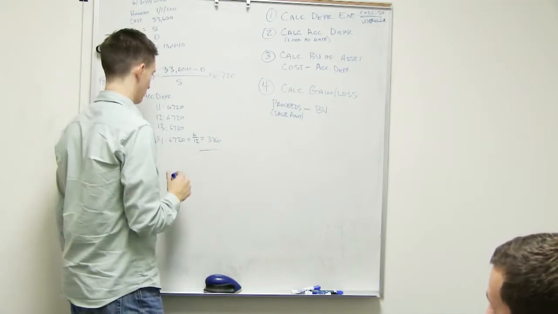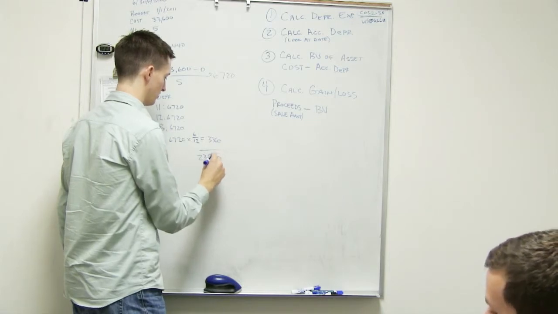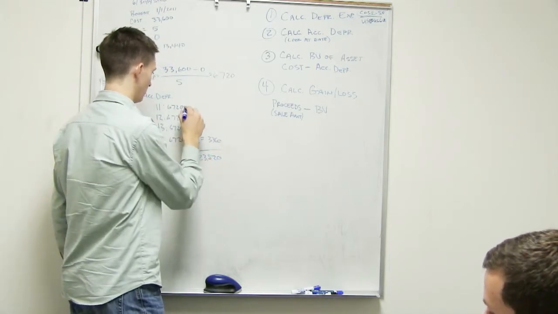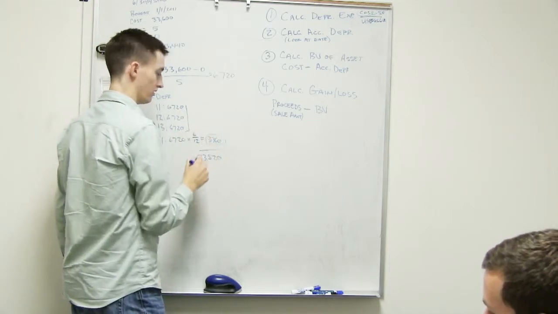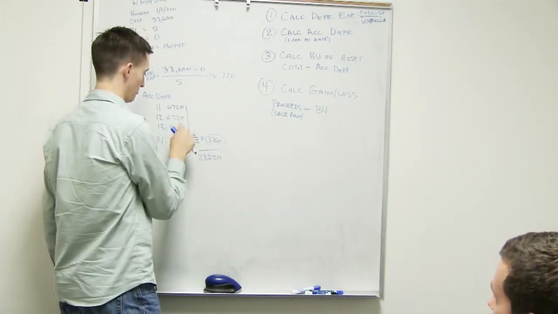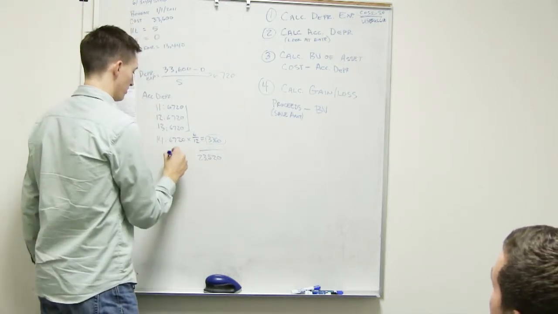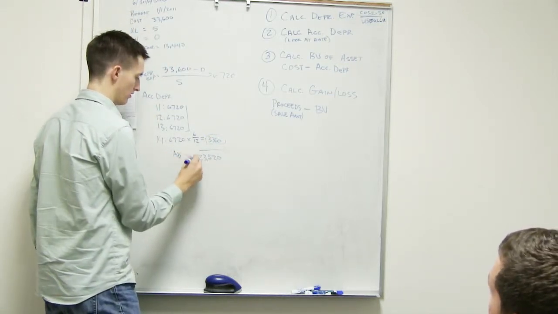It's 23,520. You added all these up, the 6,720 times 3, and added it to this, right? Yeah, that's right. Cool. So there's our accumulated depreciation right there.